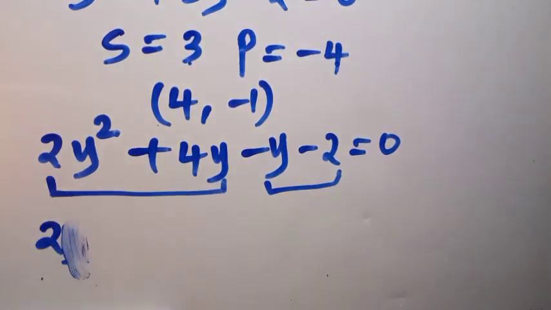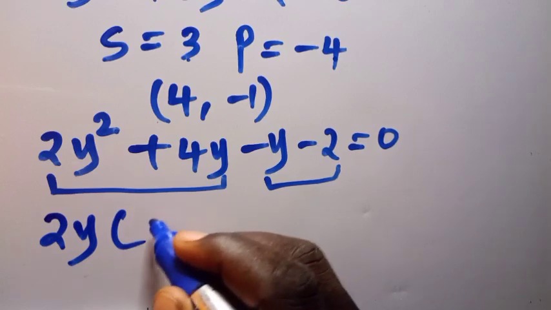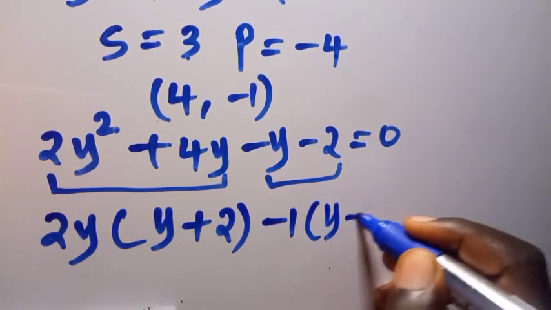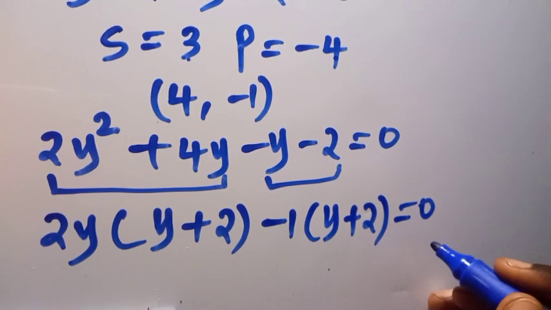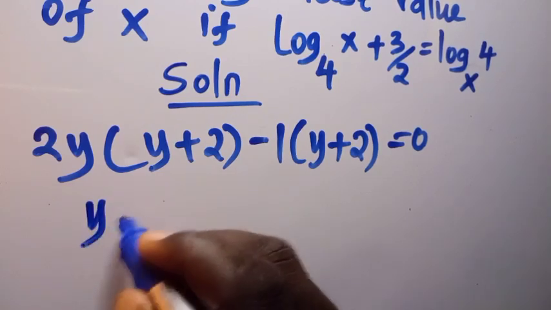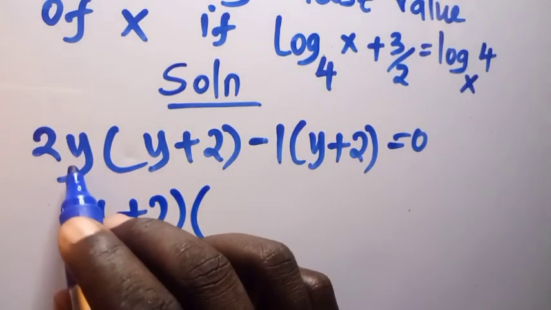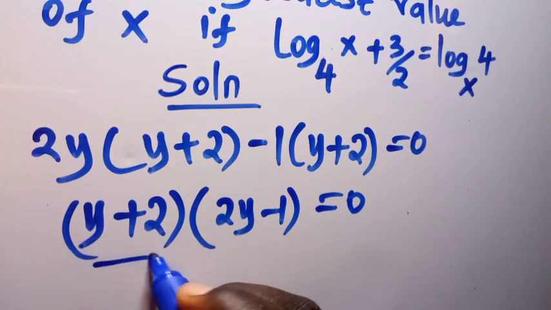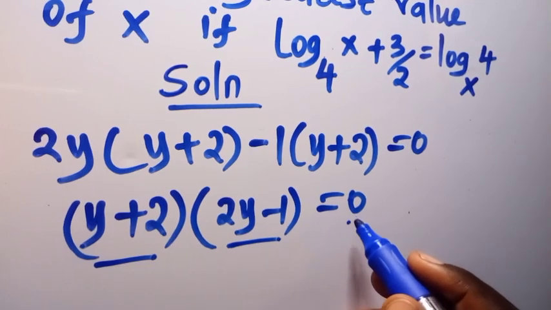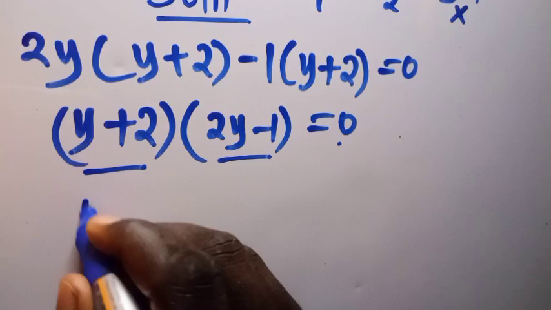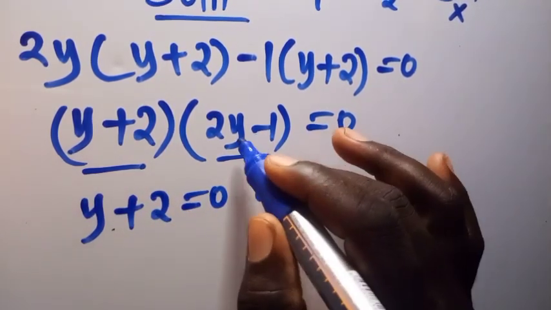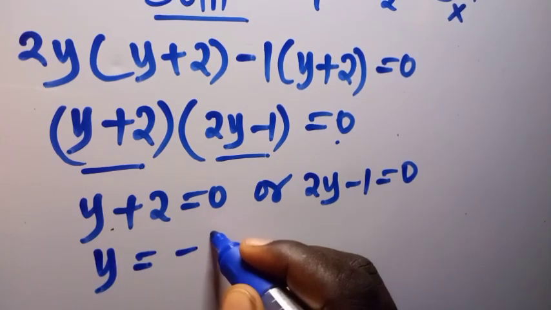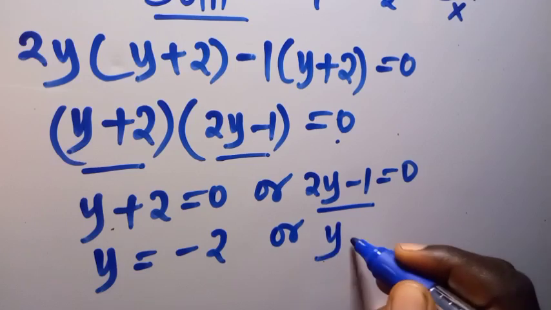The common term in the second group is negative 1 into y plus 2, equals 0. So we have y plus 2 and 2y minus 1 equals 0. Therefore, y plus 2 equals 0 or 2y minus 1 equals 0, so y equals negative 2, or y equals a half.